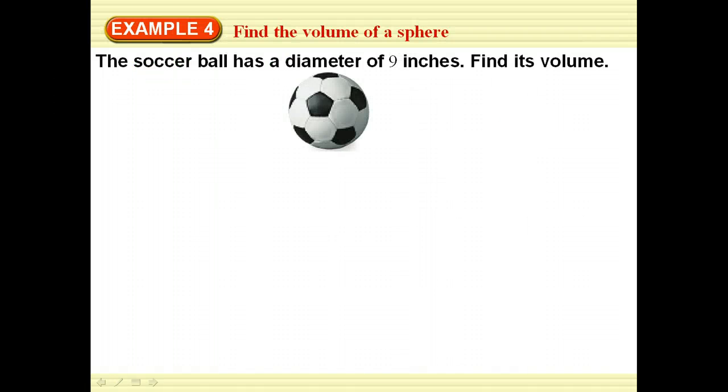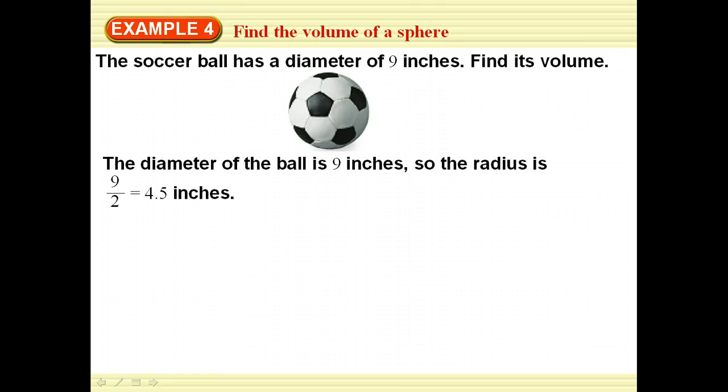Soccer ball diameter 9 inches, find its volume. First we need to find the radius, and now we're just plugging into the formula, and we come out approximately 381.70 when we do the math involved.